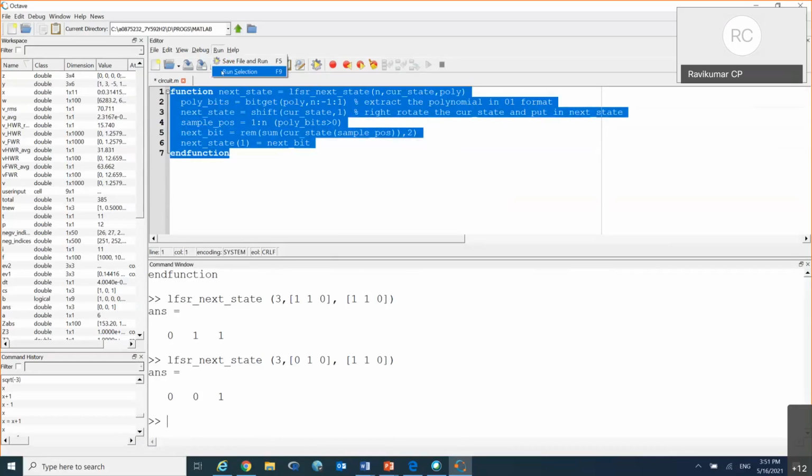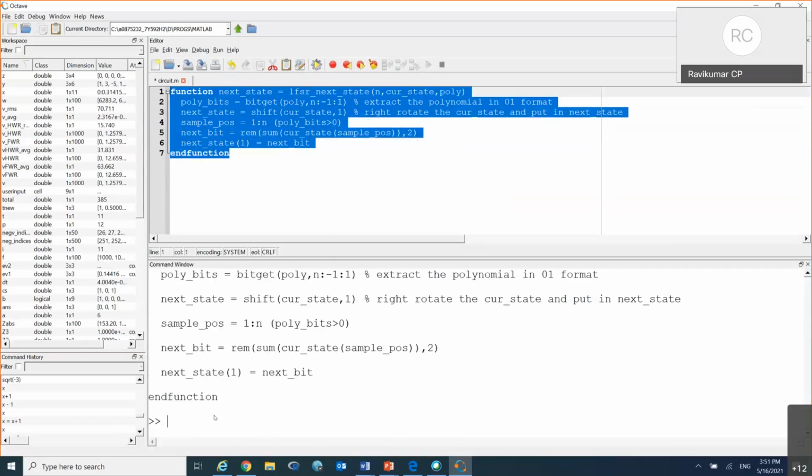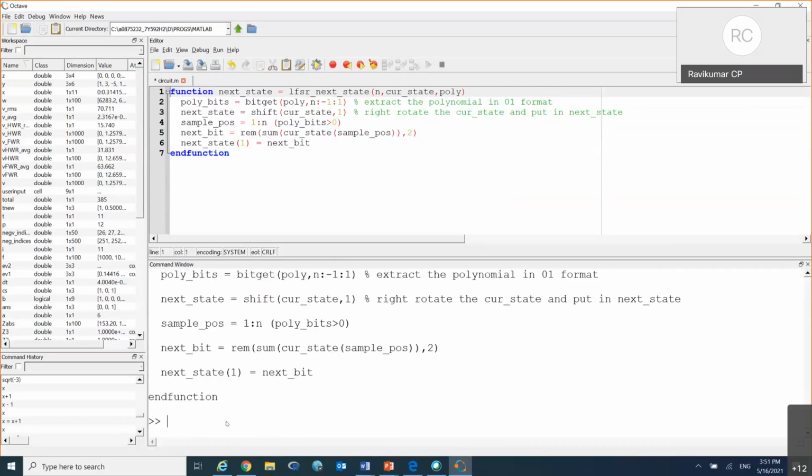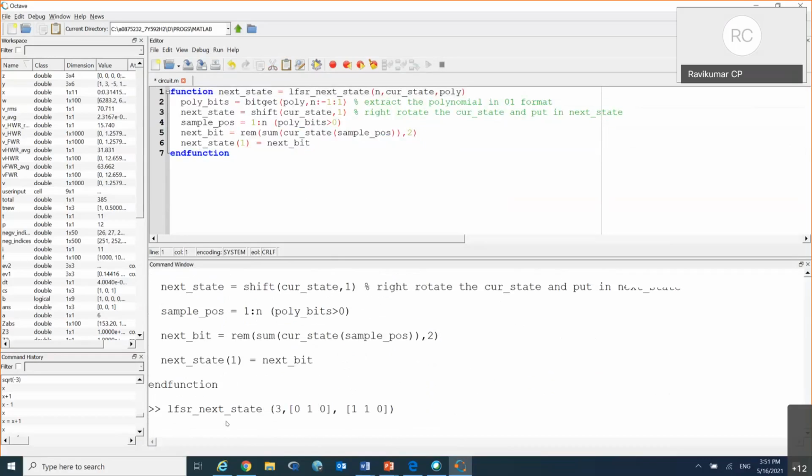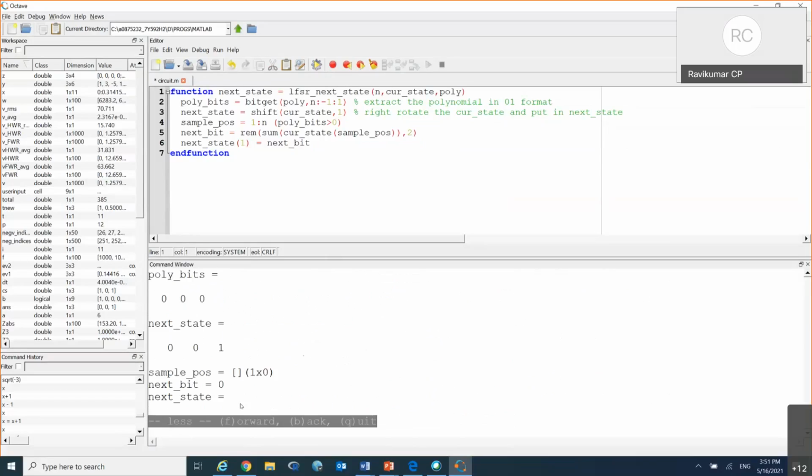That is one way to debug this code. See the polybits is wrong.